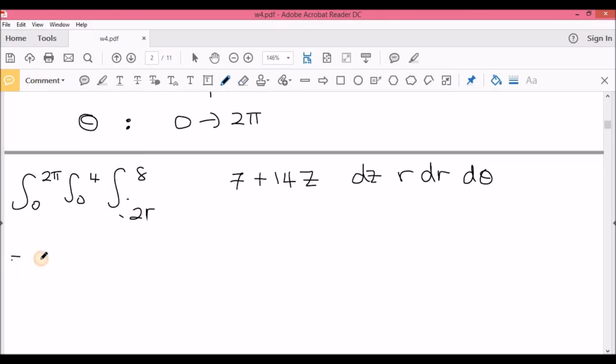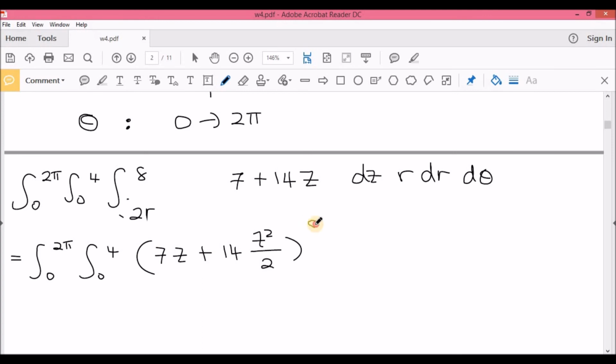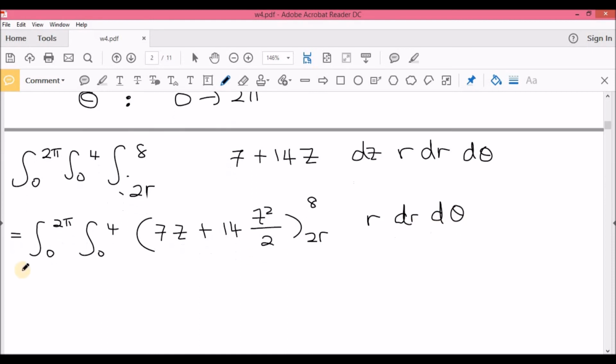Now perform the triple integral. You will get 7z plus 14 z squared over 2, evaluated from 2r to 8, times r dr d theta.